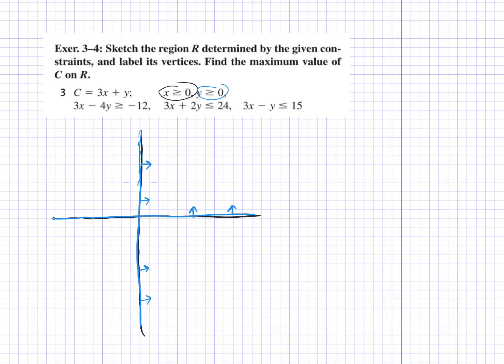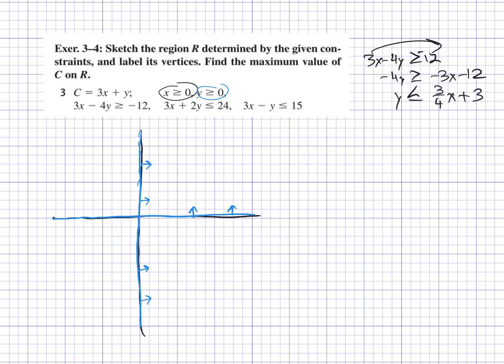Now we have to do the 3x minus 4y greater than or equal to negative 12. Okay, so let's move 3x over. So it'd be negative 4y greater than or equal to negative 3x minus 12, because it was a negative 12, and divide everything by negative 4. That changes the direction of our inequality. That makes us positive 3/4 x, and negative 12 divided by negative 4 is positive 3.